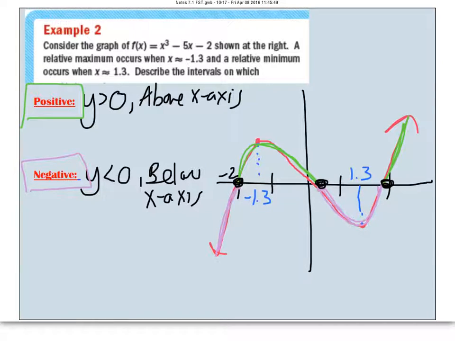And let's assume this one is about 0.2 and that this one is at +2. So where I would say it's positive, or the green section of this graph, is between -2 and 0.2. So let's state this as an interval, and I'm just going to say the x's are in between -2 and 0.2.